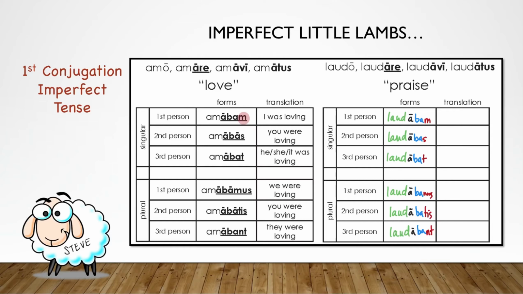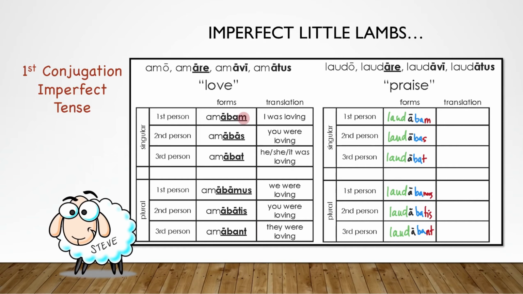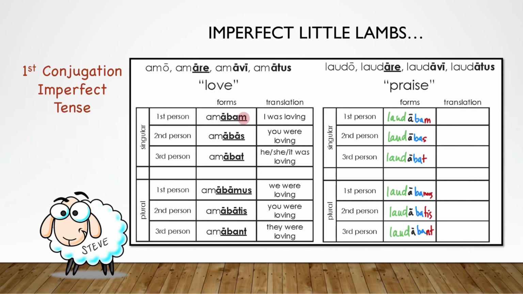Okay, so here's the deal. Steve the interrupting sheep can only do so much. He can move time and stuff, manipulate it, but he can't make these actions a completed action in the past. He makes them a continuing action in the past. That's why this tense is called the imperfect tense, and not past tense or perfect tense.